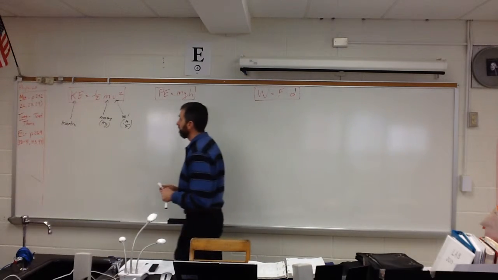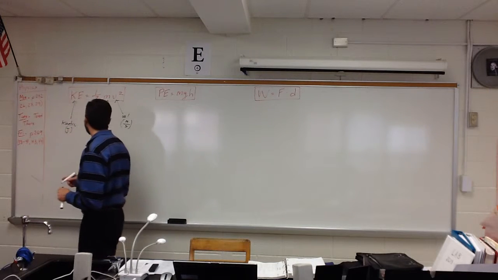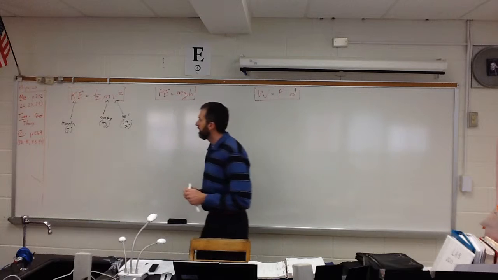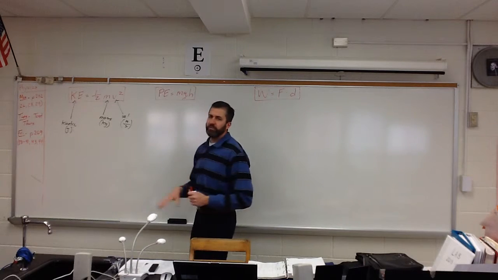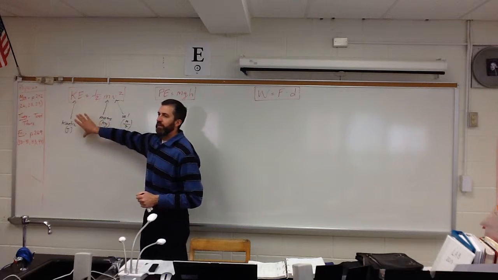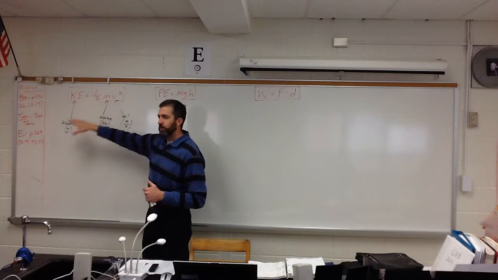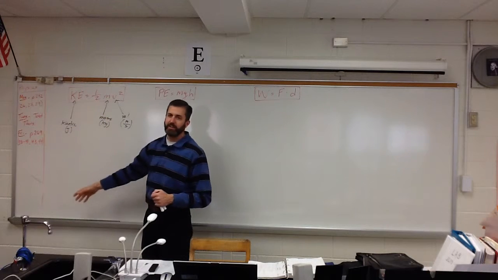So you have a certain number of joules of energy. The basic thing to understand about the kinetic energy equation is that it applies to things that are in motion. So when you have a mass in motion, you have kinetic energy.